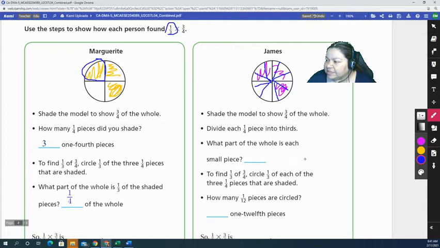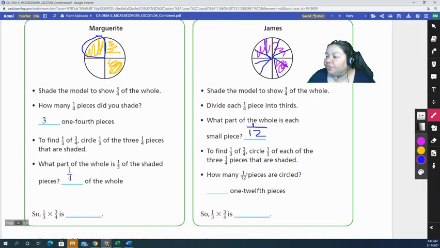Now that I did that, what part of the whole is each small piece? When I divided each piece into 3, now we want to know how many pieces are in the whole circle. So let's count them. 1, 2, 3, 4, 5, 6, 7, 8, 9, 10, 11, 12. So we have 12, or if we're just saying 1, it's 1 over 12. Each small piece is 1/12.